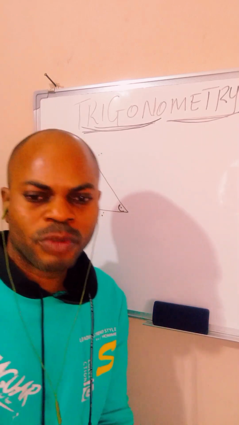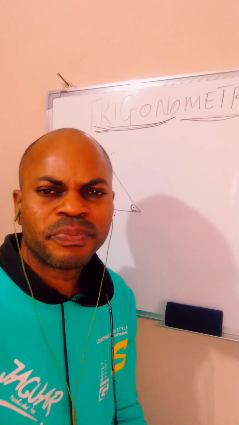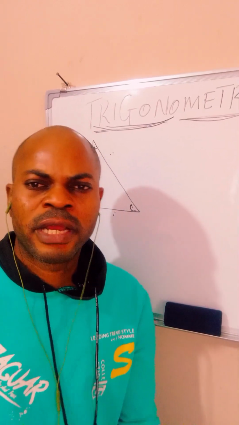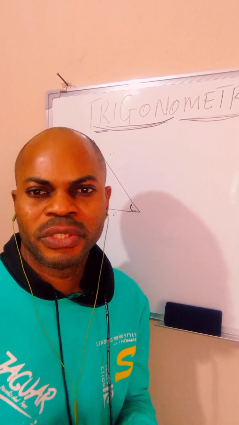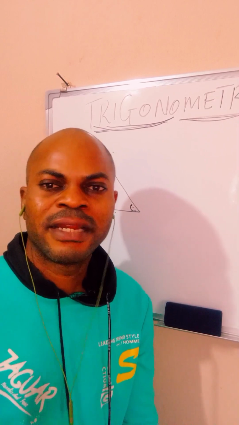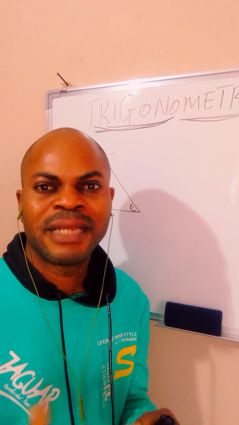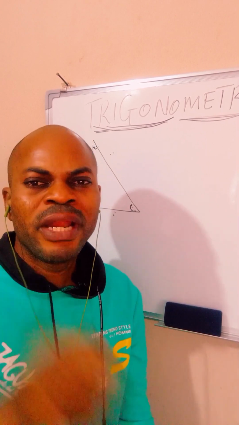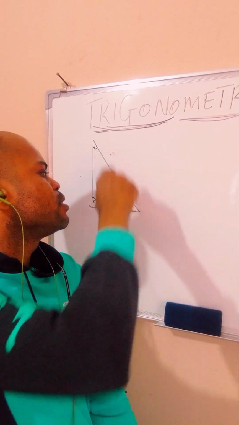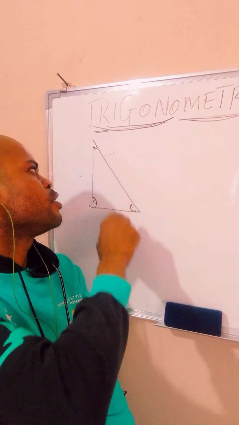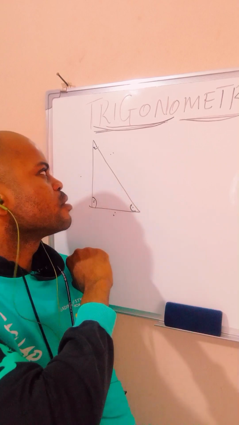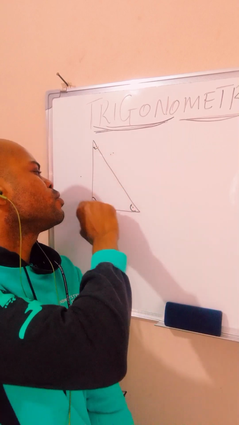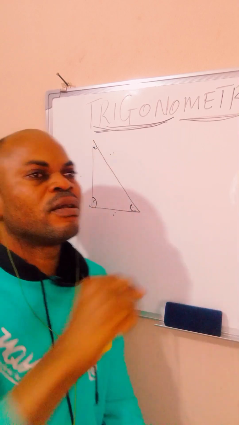By definition, trigonometry can be defined as a branch of mathematics that studies the relationship between the lengths of the sides of the triangle, the angles of the triangles, as well as their functions.